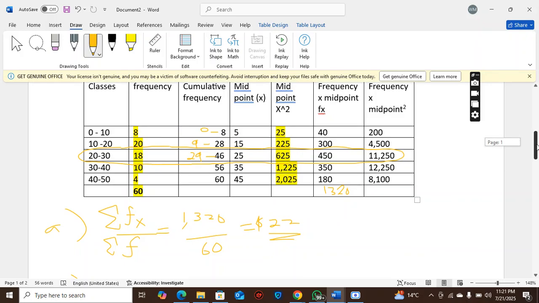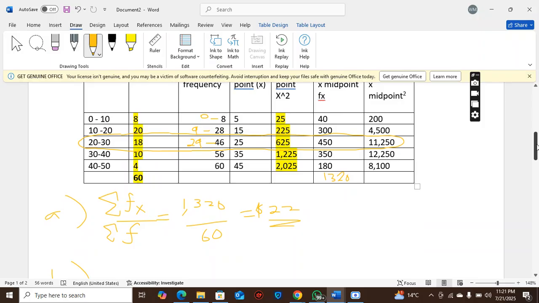Any questions before we go to the next part? How did I find what?